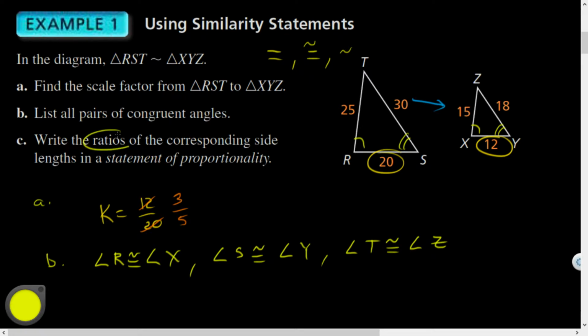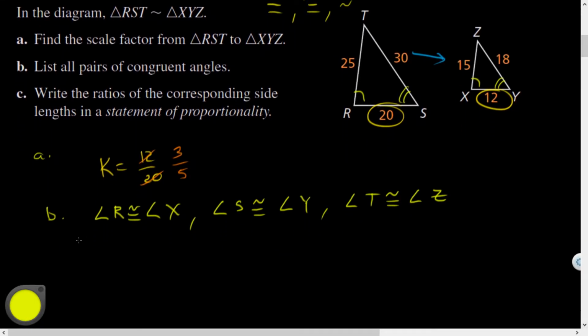And then it says write the ratios. So a ratio is going to be a fraction with no units of the corresponding side lengths in a statement of proportionality. Fanciness. So let's see, that is going to be something like this. RS over XY, and the way I set this up, I also could have done XY over RS, wouldn't have mattered. So RS is to XY as, let's say, RT, so I'm going from big to little, is to XZ.